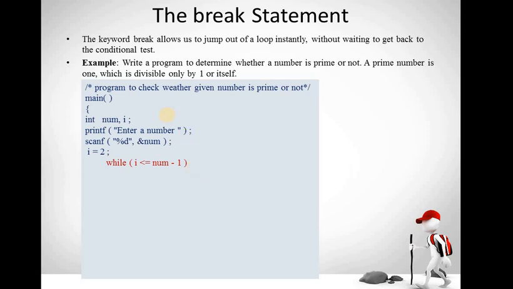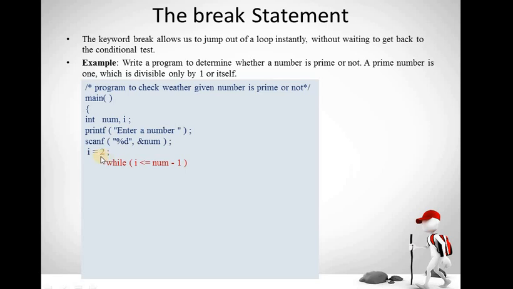Of course every number is divisible by 1 and itself, but we are checking the rest of the numbers: if the number is divisible by 2, 3, 4 or up to num minus 1, that means this number is not a prime number.